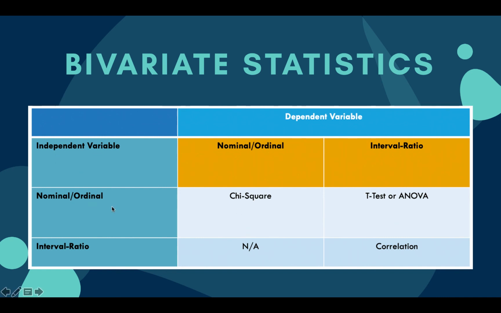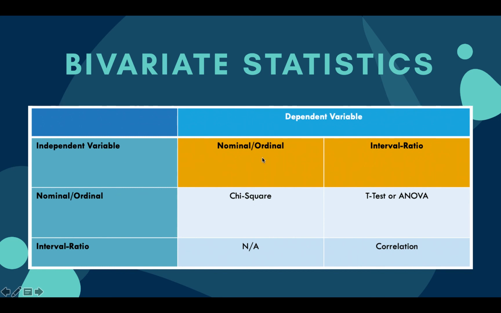We have a nominal independent variable, interval ratio independent variable. We have nominal ordinal dependent variable, interval ratio dependent variable. So if we have a nominal or ordinal dependent variable, so that's going to be our y variable, and a nominal or ordinal independent variable, our x variable, we should use a chi-square test, right?